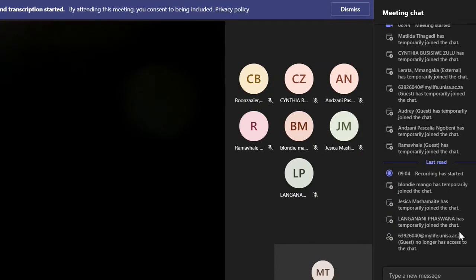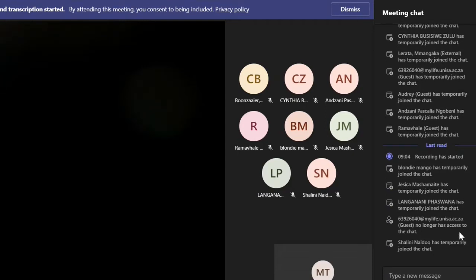By me doing an EFT of 5,000, your bank statement will reflect 5,000 coming into the business. Me as the customer, as Matilda, I need to get a tax invoice. You need to issue me with a tax invoice. I'll get an original tax invoice, and you'll be left with a duplicate for your records.